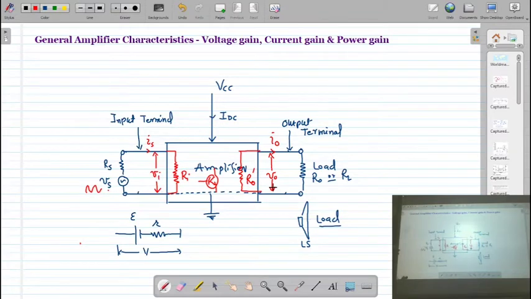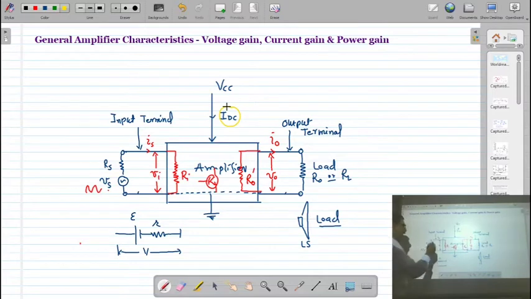So this is the notation which we are using for the amplifier. But now you should know that in some cases I have used capital letters, and in some cases small letters. Try to understand: suppose this current IDC, I am using a capital letter.